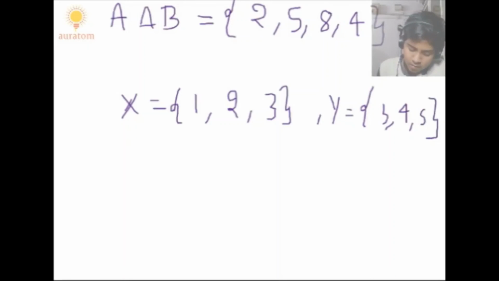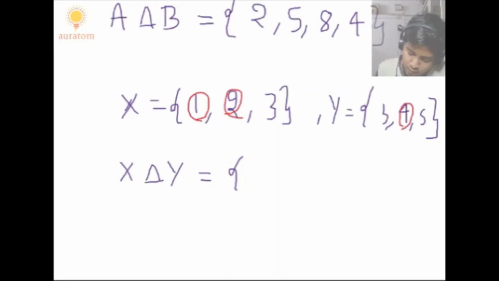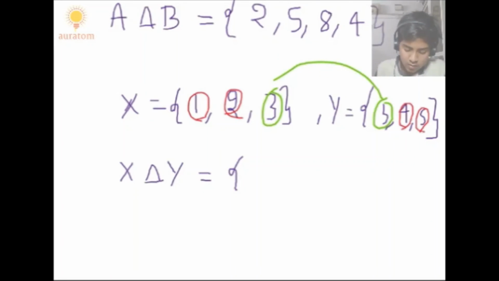And now in the set x delta y, we should include all the elements which are in x or y but which are not common to x and y. So we should include the elements 1, 2, 4, 5, and we should exclude the element 3, because it is common to both sets. So in this set we have the elements 1, 2, 4 and 5.